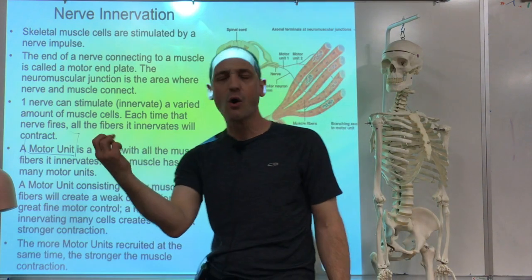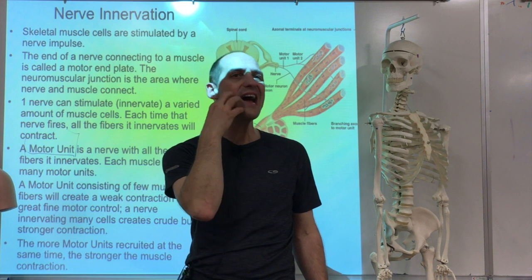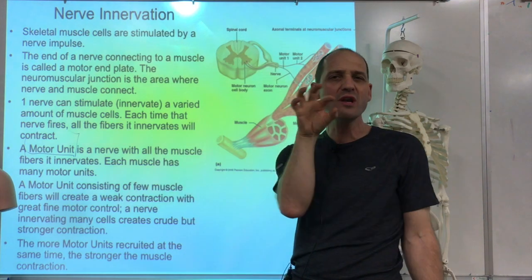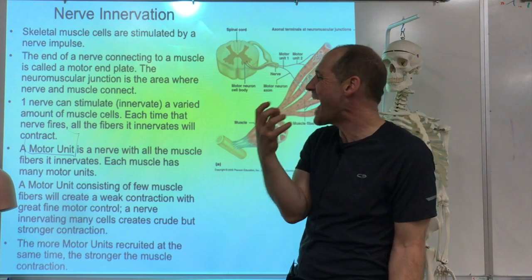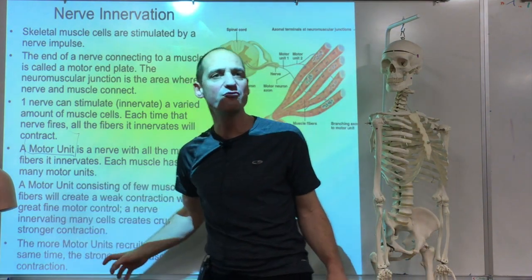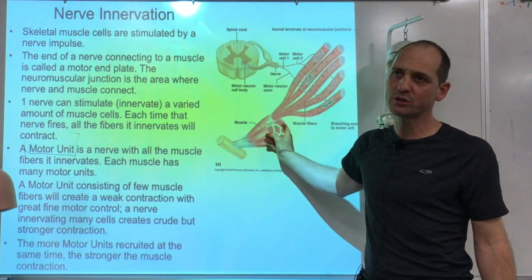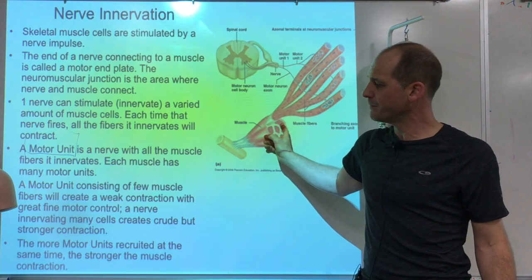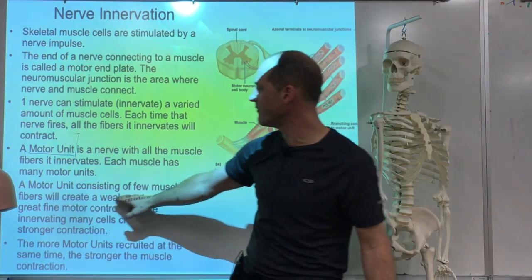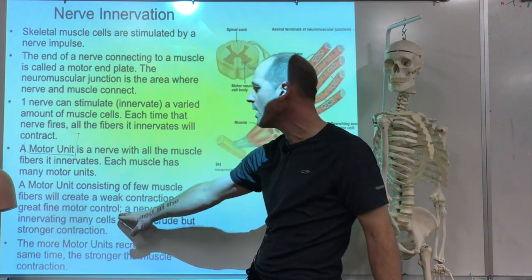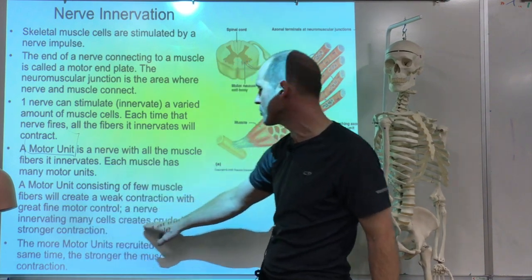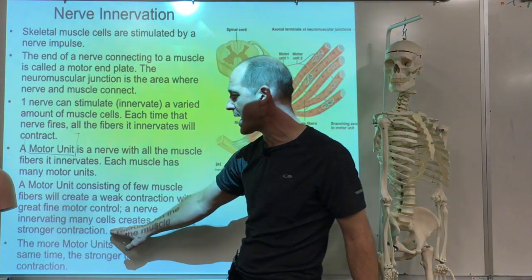When I have a finger or a facial muscle that is very fine motor skill, that needs to be very minutely moved and not too much strength all at once, then a nerve goes to only a few of these muscle fibers. A motor unit consisting of a few fibers will create a weak contraction with great fine motor control. A nerve innervating many cells creates a crude but strong contraction.